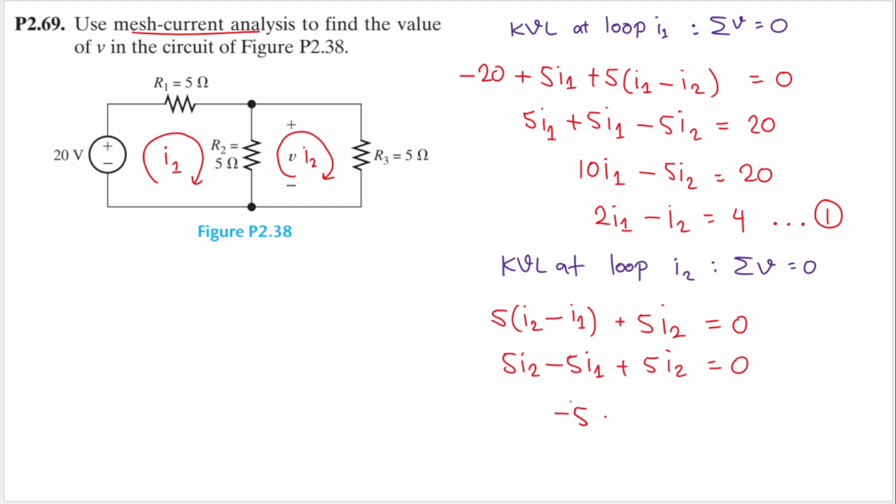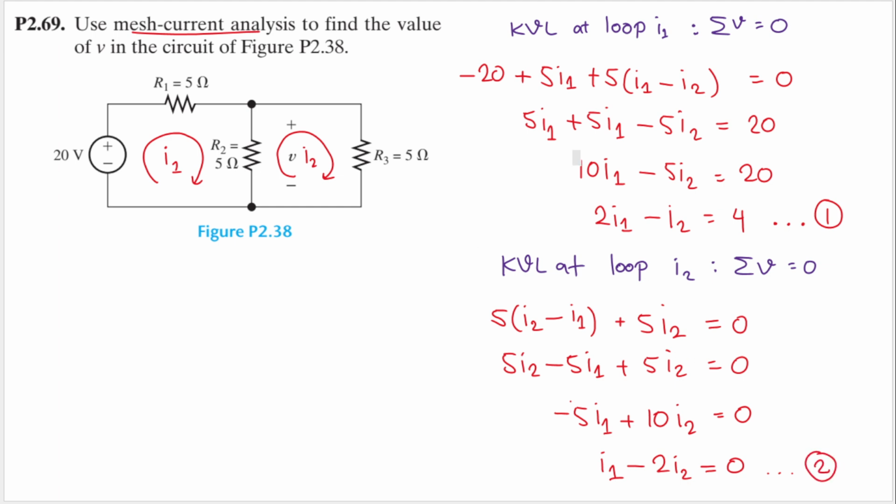So I'll have minus 5I1 plus 10I2, and all of that will equal 0. And let's divide this by minus 5. So I will have I1 minus 2I2, and all of that will equal 0. Let's have this as equation 2.